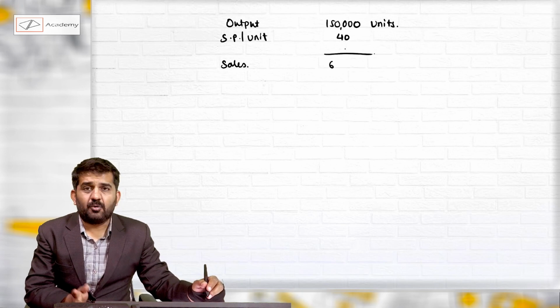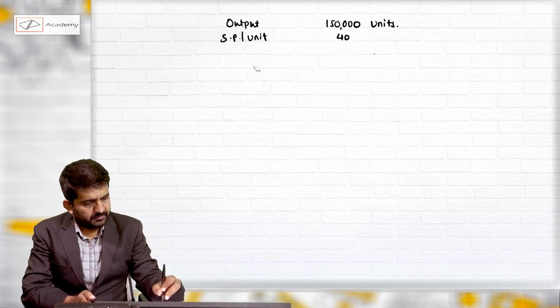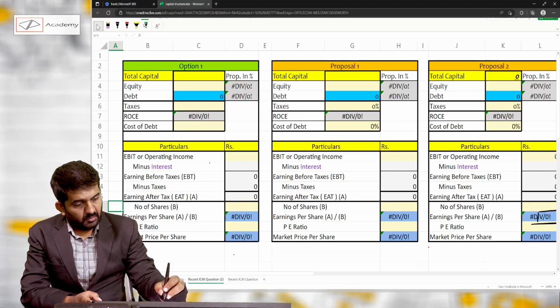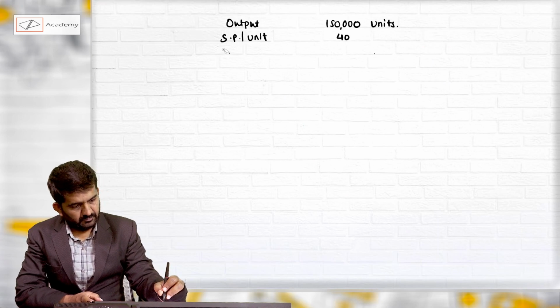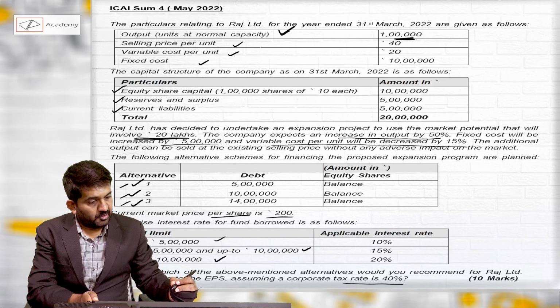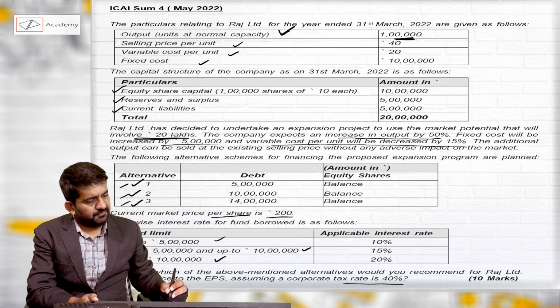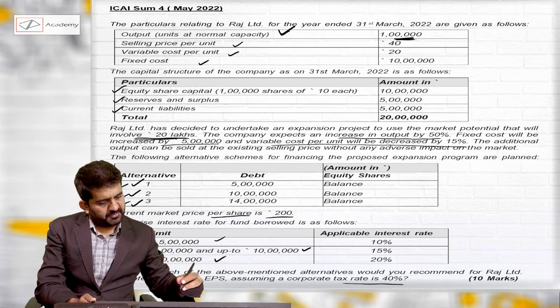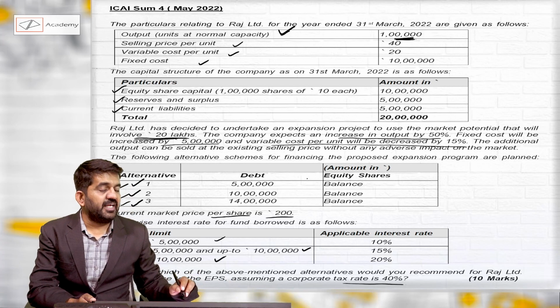We can even find out variable cost per unit and then directly find out contribution. What is variable cost per unit? Currently, it is 20 rupees. But after expansion, because of economies of scale, variable cost per unit will decrease by 15%.